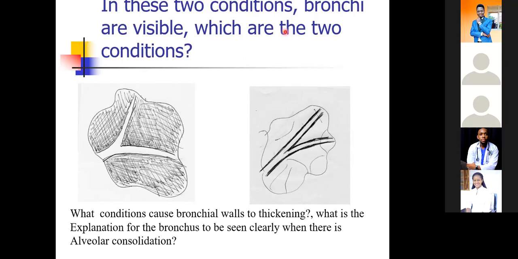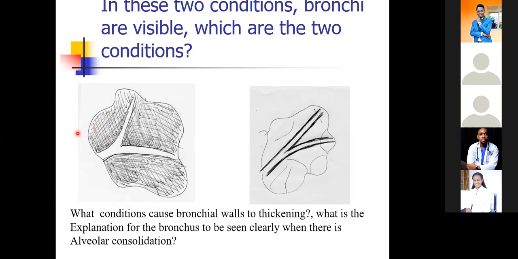So aside from that, this drawing that sometimes confuses a little is what I want us to look at. This one on the left. You can ignore the one on the right for now. We have said that we see the silhouette sign and air bronchograms when there is a disease process going on in the airspace or the alveolar spaces.